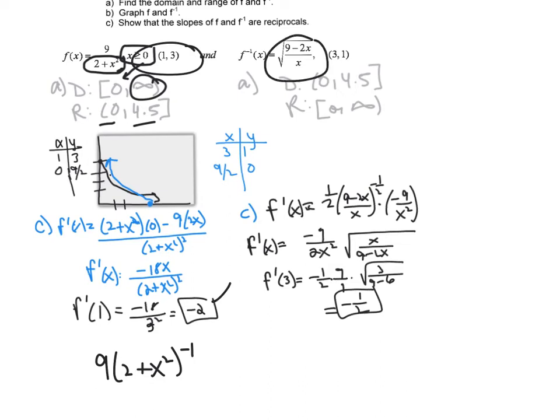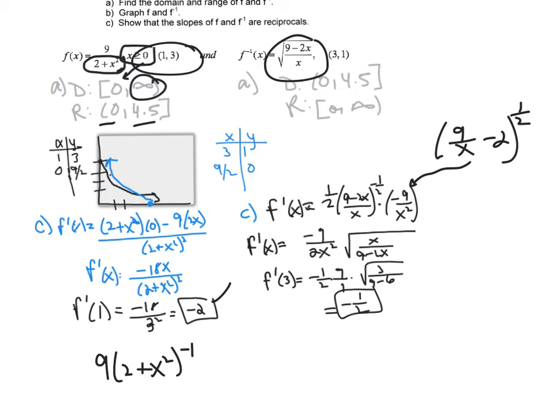You can either use chain and then quotient, or you can actually turn this into 9 over x minus 2x over x, which is the same thing as -2, and raise that all to the 1/2. If that's easier for you, feel free to use that instead, which is what I did to get this part, the derivative of the inside.